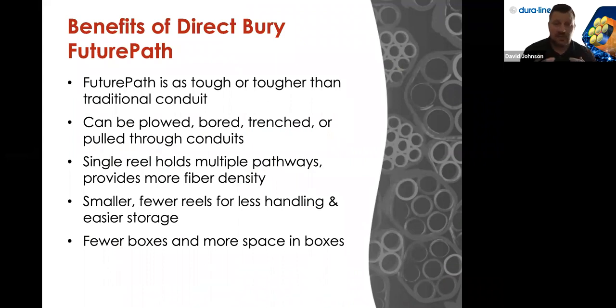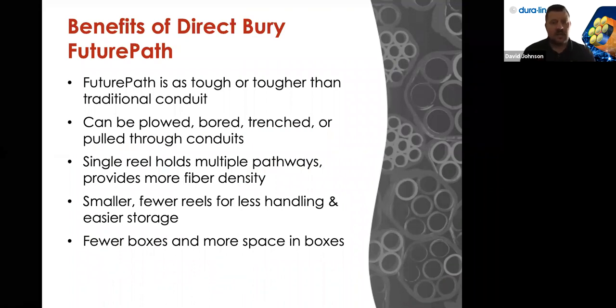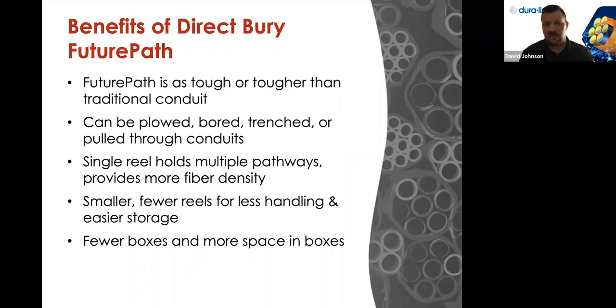That's got the OD a little bit over 2 inches. That product has about a couple hundred more pounds worth of pull strength. So this product tends to have a little bit more pull strength to it, but that does not mean it's not flexible. This stuff is flexible. You can maneuver it and you can work with it just as easy as standard conduit.